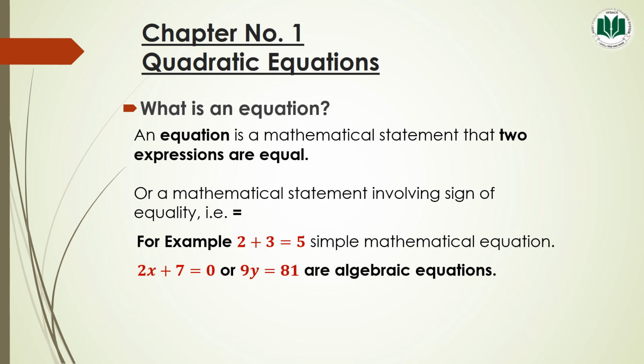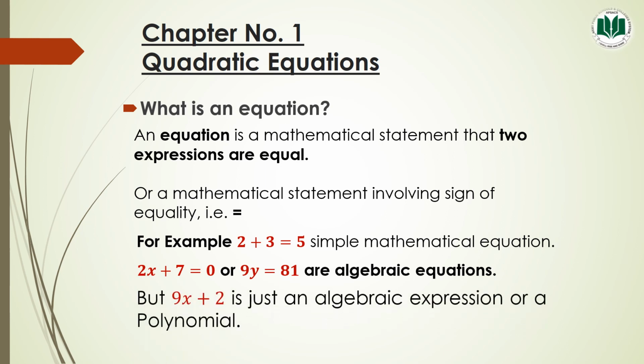So we might have equations like this: 2x plus 7 is equals to 0 or 9y is equals to 81, where x and y are variables which are unknown. But 9x plus 2 is not an equation. It's just an algebraic expression or a polynomial.